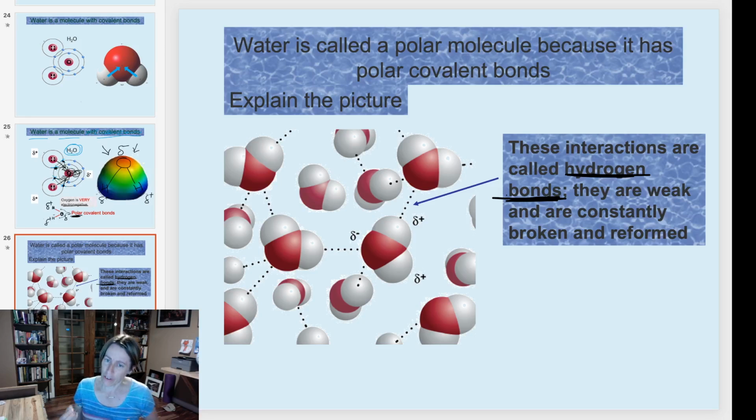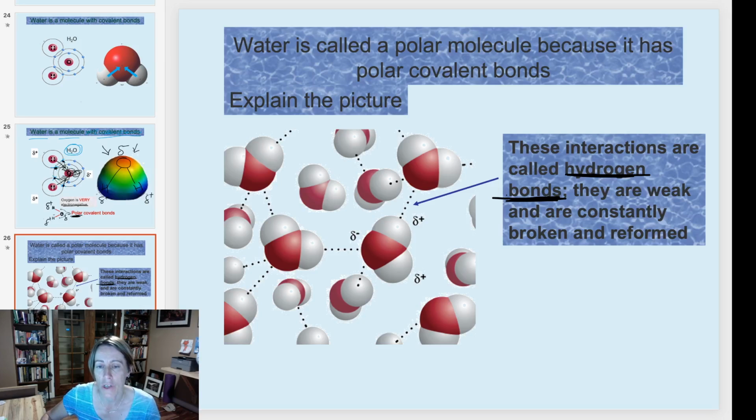So together, they can actually have quite a big effect, even though each individual attraction is really not very significant at all and can be broken apart very easily. The water molecules can move apart, separate from each other. When you have billions of these hydrogen bonds all working together, then they can have an effect on how water behaves. And that's what we're going to get into in the next part of this module.